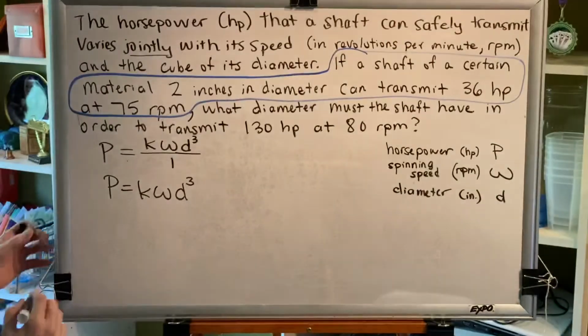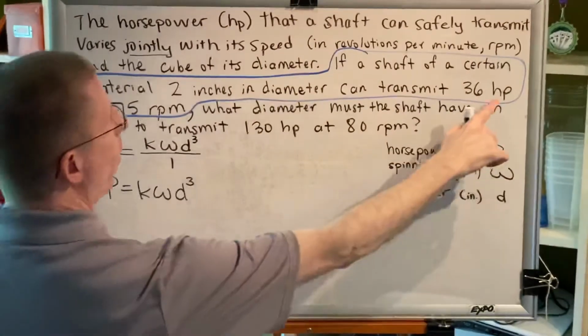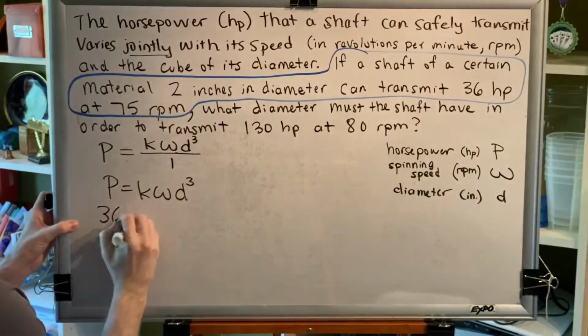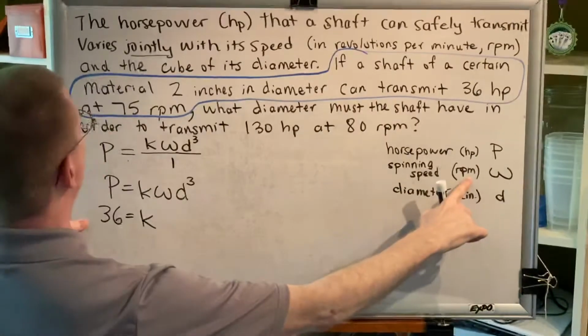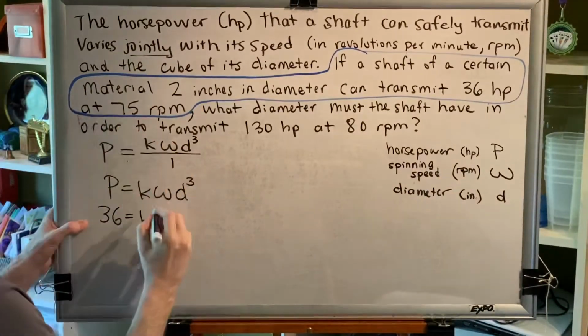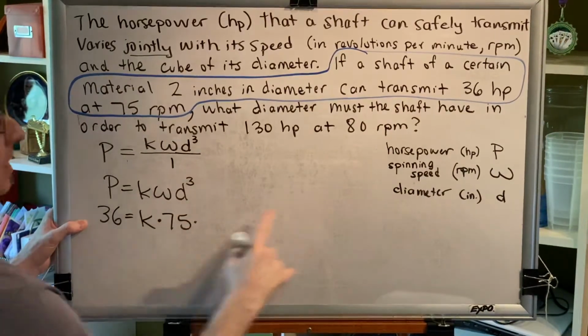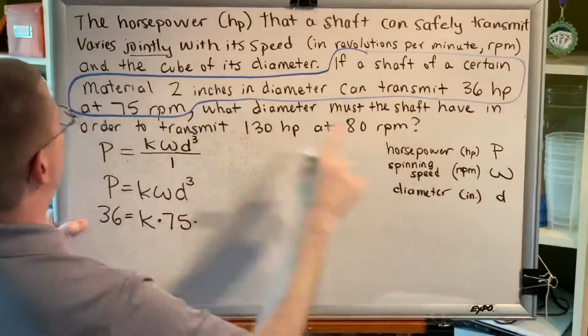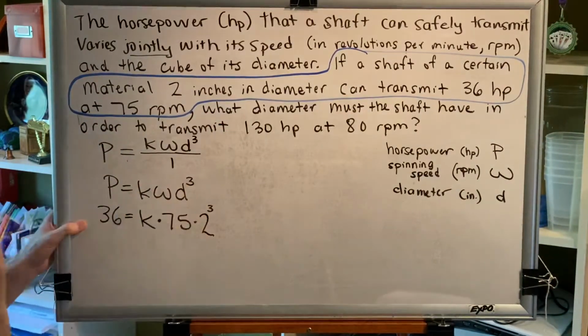So let's put all of those in there. So P, the power measured in horsepower, is 36, equals K times omega, the speed measured in revolutions per minute, that's 75, times D, the diameter measured in inches, which is 2. And notice that that's cubed because the D was being cubed.